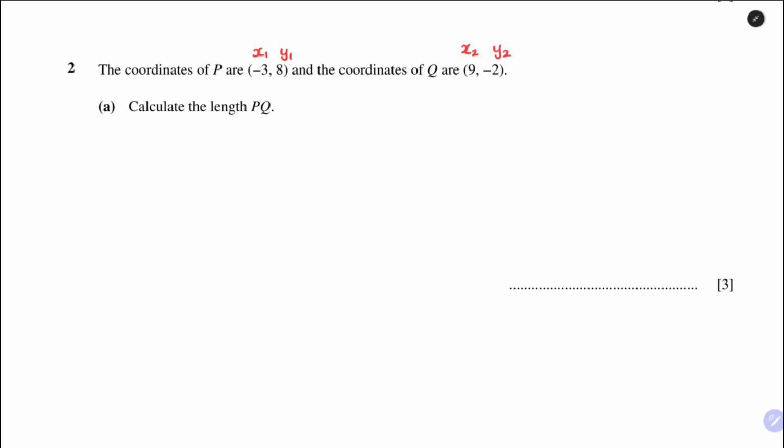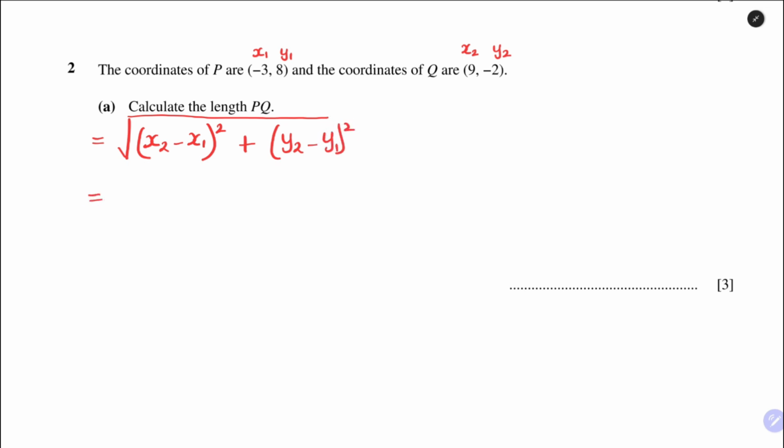Now, in this question, we have been asked to calculate the length of PQ. The formula for finding the length of a line is given as the square root of x2 minus x1 all squared plus y2 minus y1 all squared.